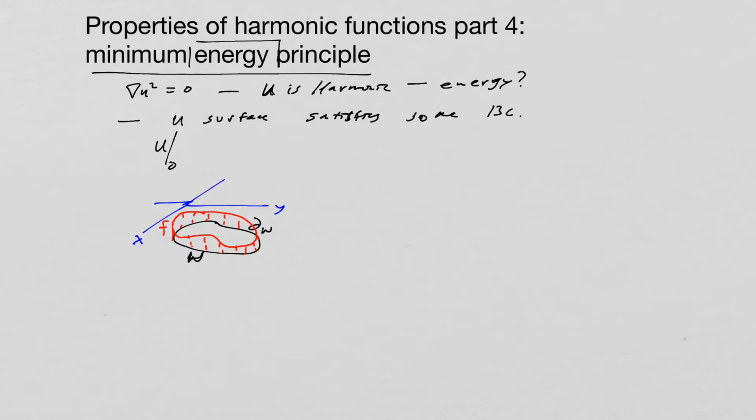So U evaluated on the boundary of our set is equal to F, and this is of course a given function that we've found. All right. So we know that there exists a surface that satisfies the Laplace's equation that can meet that. It's a unique surface that is guaranteed to exist.